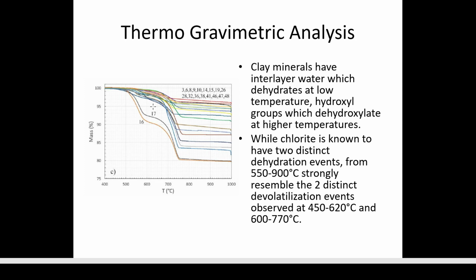We can see by these different values that we're finding a generalized 2 dehydration events, occurring from 500 to 900 degrees, although standardly there are 2 distinct devolatilization events. The first one is occurring at 450 to 620 degrees, and secondly from 600 to 770 degrees.